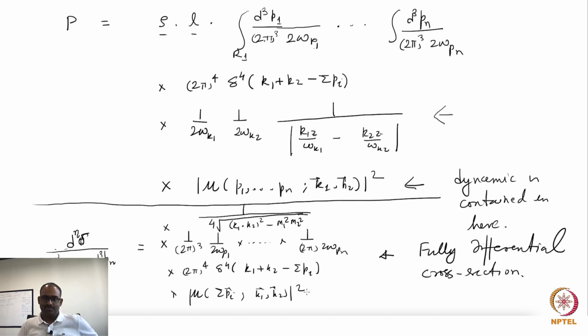Remember, the matrix element is basically the S matrix element from which you have removed some delta functions and some factors of 2 pi.